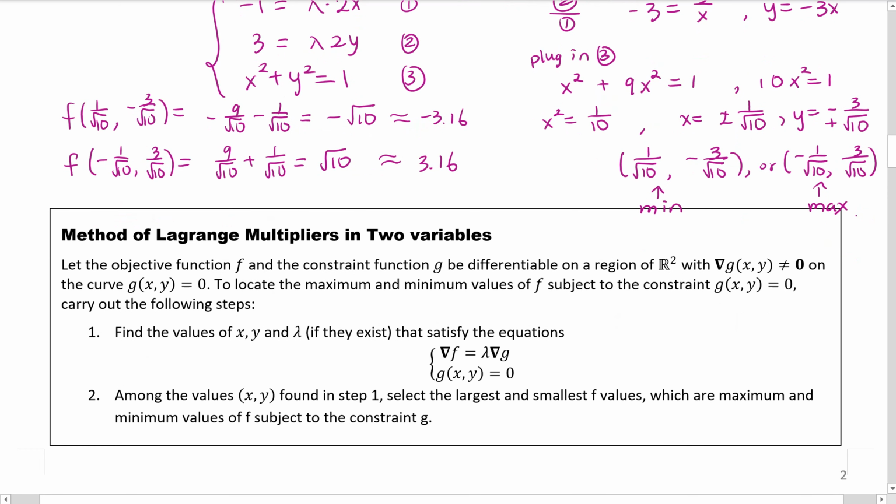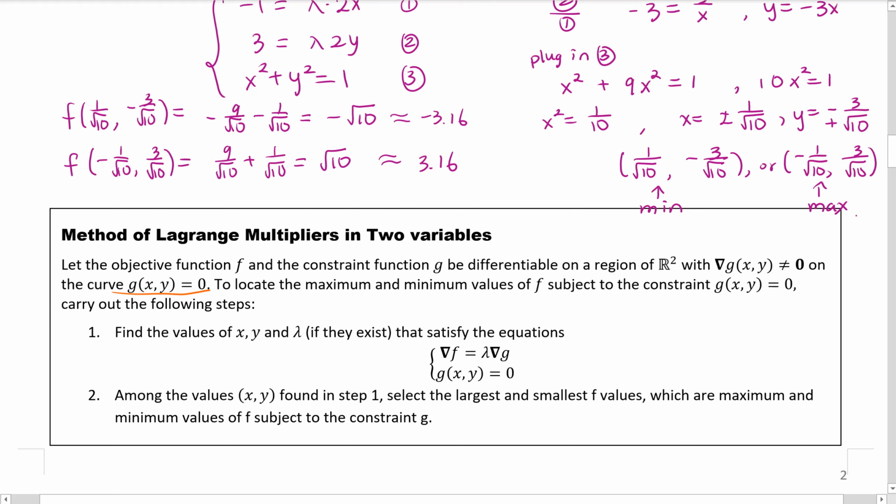Okay, let's summarize the method of Lagrange multipliers in two variables. Let the objective function f and the constraint function g be differentiable on a region in R2, with the gradient of g not 0 on the curve. This is the level set.